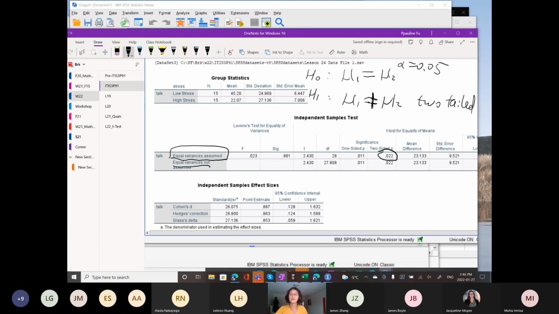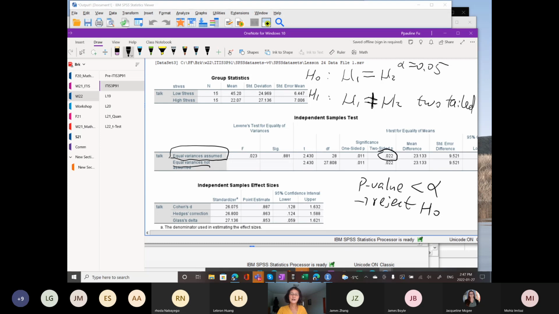Okay, now the p-value is 0.02, alpha is 0.05. This p-value is smaller than alpha. When the p-value is smaller than alpha, reject H0. Reject H0. What is H0? H0 says mu1 equals mu2. You reject it.